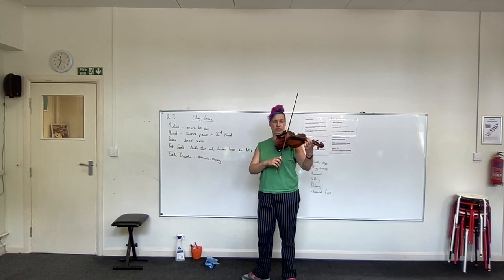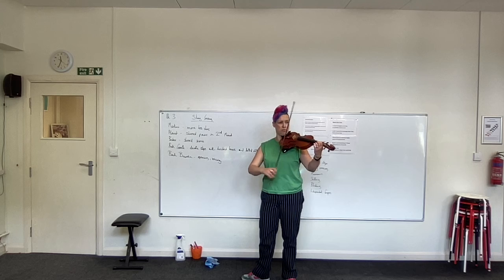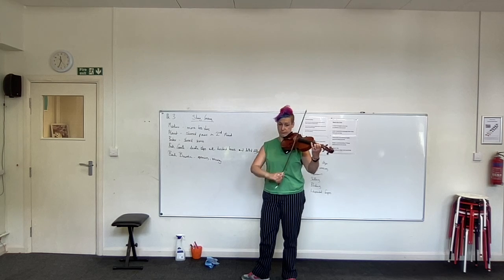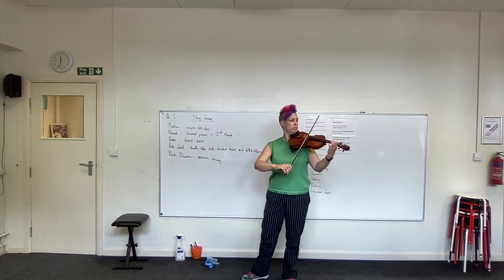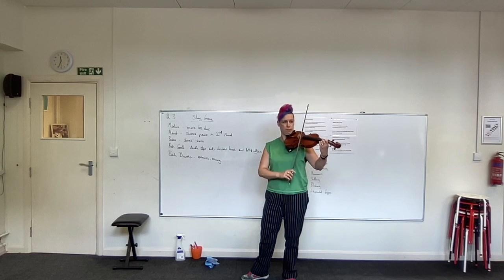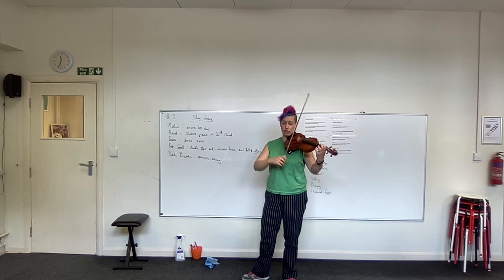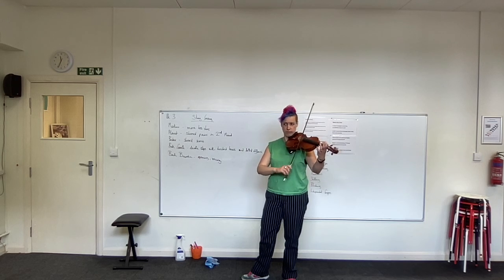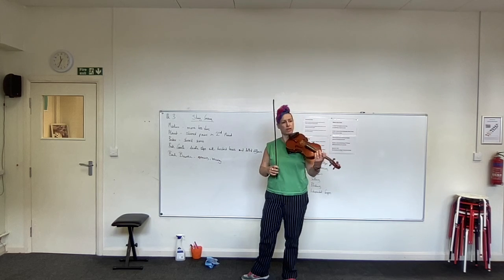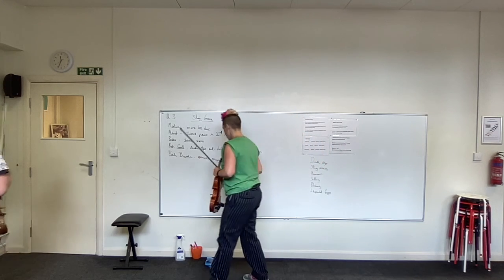First of all, you get your first sort of hint of going towards very large. That's a really difficult new string crossing pattern to have. That's really, really tricky. Alright, now practice that.